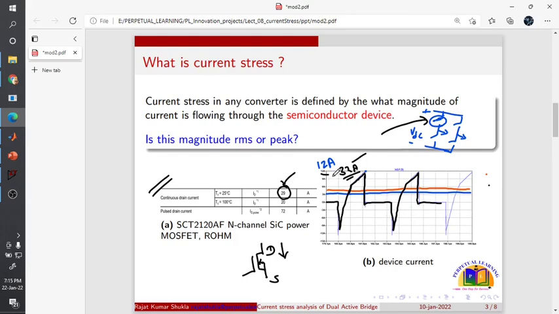So would it be fine or not? Because 32 ampere is greater than 29 ampere, will the device be damaged? Obviously not, because this is a peak current in pulsed form, right? For pulsed operation, the pulsed drain current rating is 72 ampere. So what is the meaning of pulse?